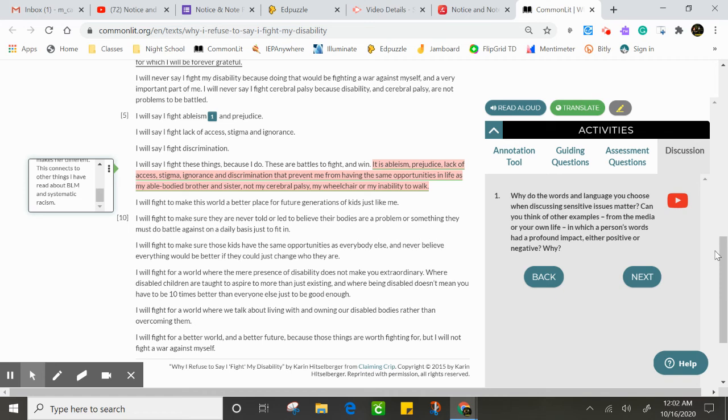And where have I seen similar situations like this before? How can I make sense of this by things that I've experienced or things that I know people who have experienced them or things that I've talked about with people who have experienced something similar? And now in this discussion question, here it is. I'm being asked to go in and think about this.